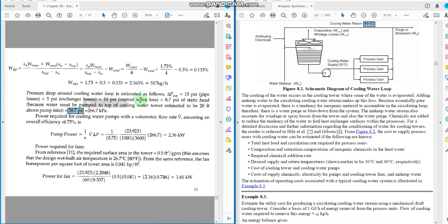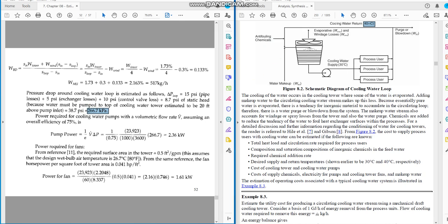So you can add up all of these pressure losses, and that comes out to be 266.7 kilopascal. Okay, obviously this information about these losses is not directly provided to you in the question, but from the exam point of view, some of the information would be given to you to estimate the total value for the delta P.